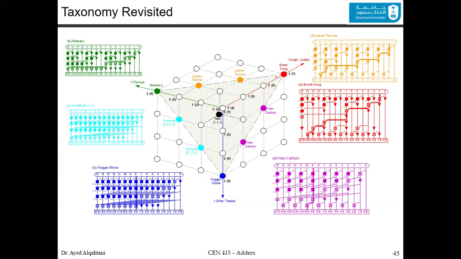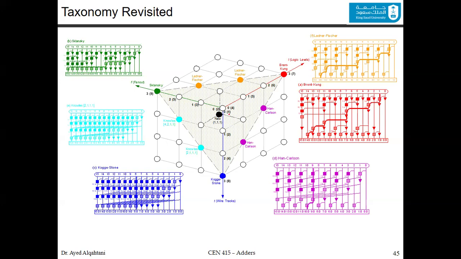At the same time, the logic levels are very small, like the Sklansky, and the fan out is good. Notice that this is a 3D diagram, so this new adder is actually somewhere in this cube.